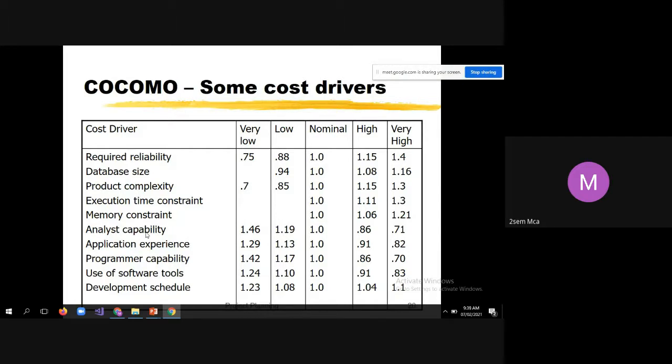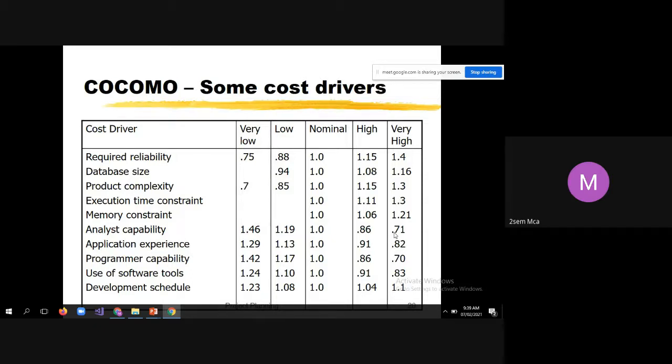If you get an experienced analyst for your project, then while estimating the cost you should consider 0.71 for analyst capability.